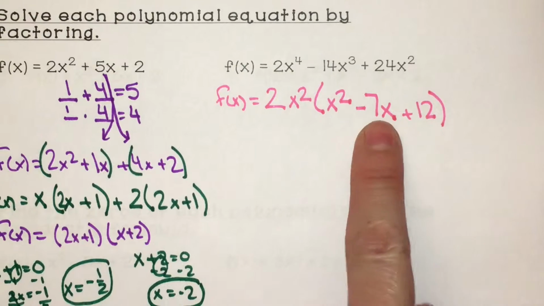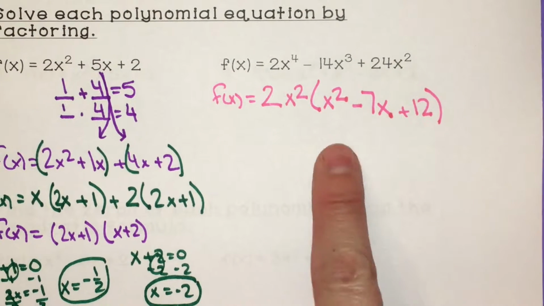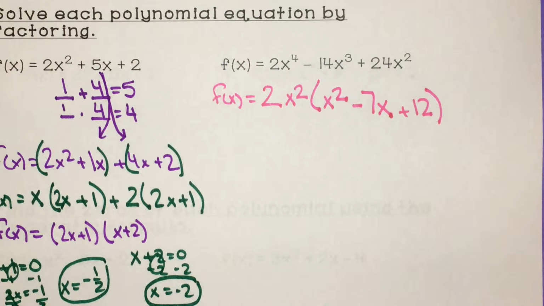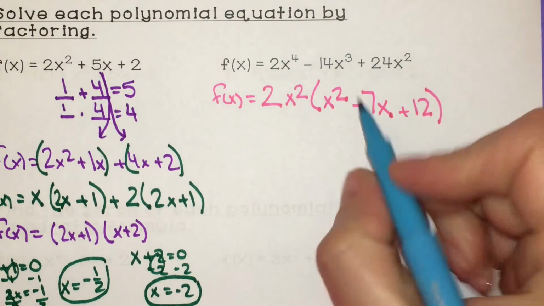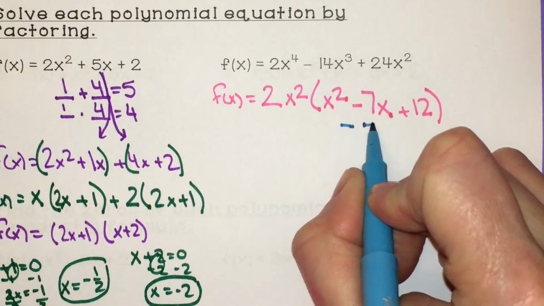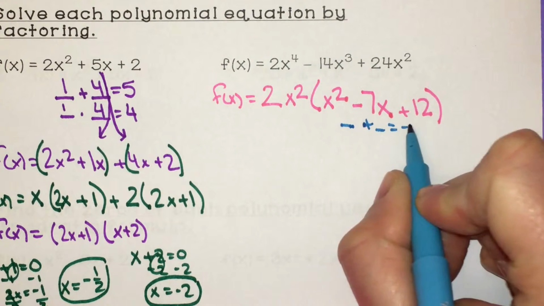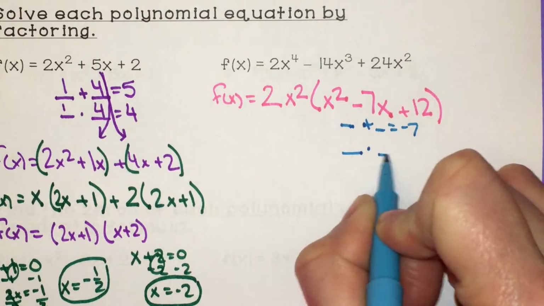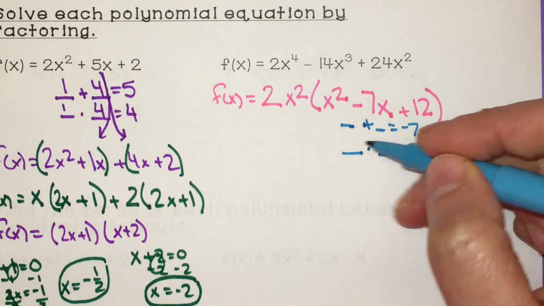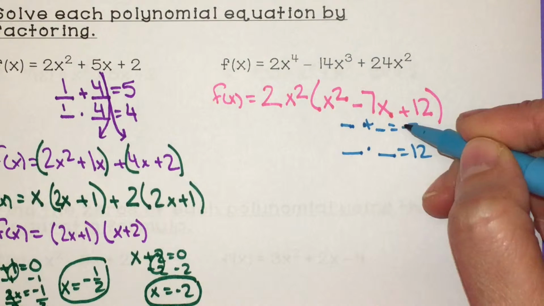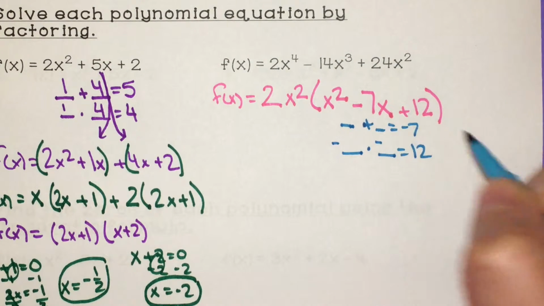Okay, so now I'm going to break this down. Because there's not a number multiplied by x squared, it's easier. All I have to figure out is what two numbers add up to equal negative 7, and multiply together to equal 12. Well, I know they're both going to be negative because they multiply and equal a positive, and add to equal a negative.